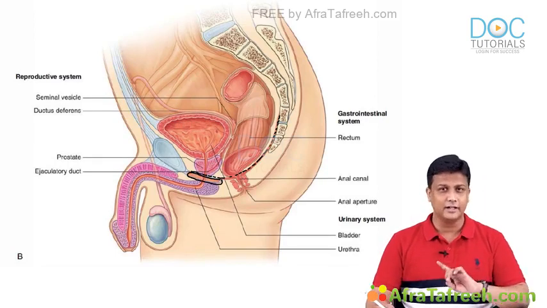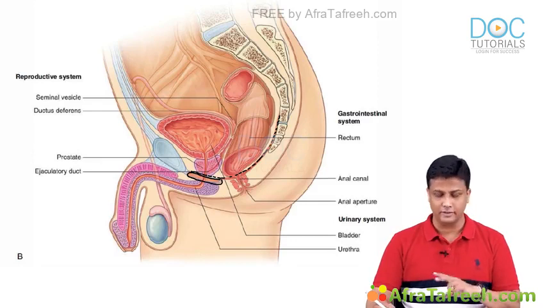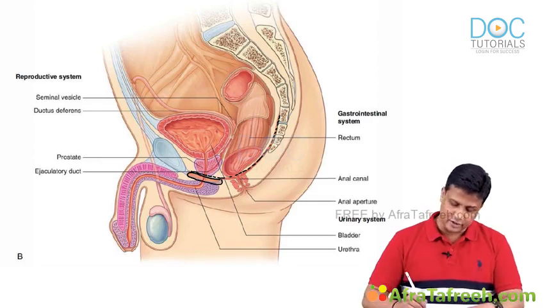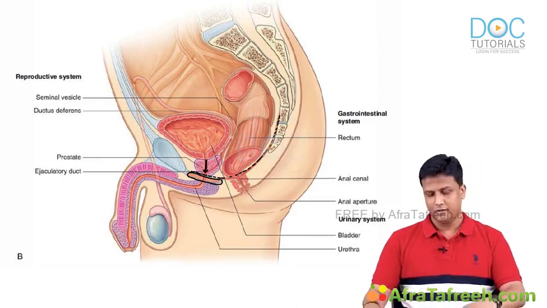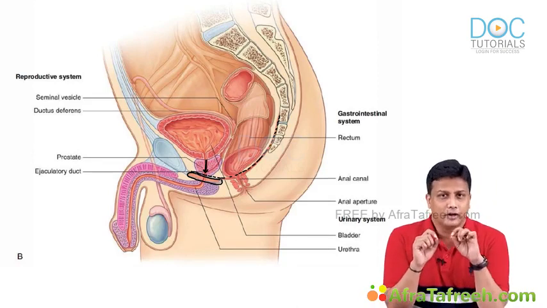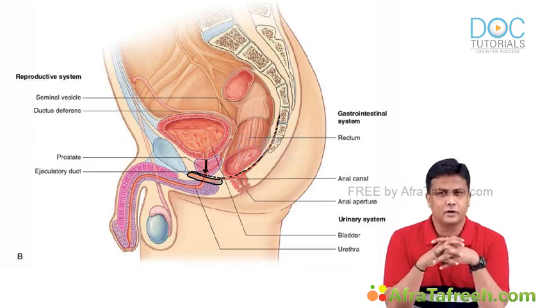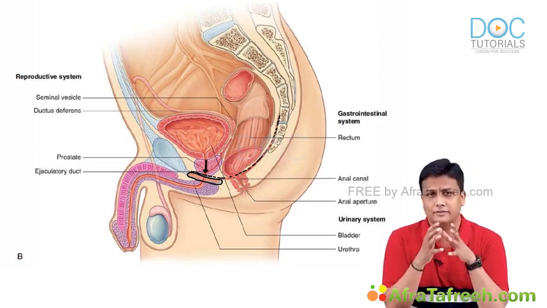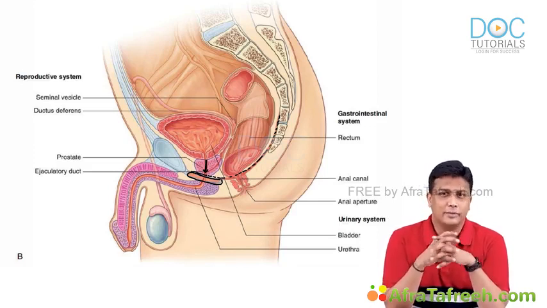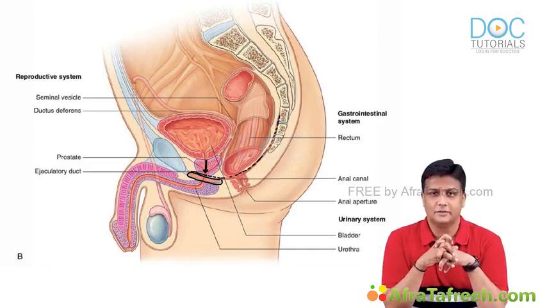But here there is a difference between the male and the female. In males, the urogenital diaphragm has only one opening, for the passage of the urethra. Why? Because in males, we know very well that the urethra is the common passage for both urine as well as semen.